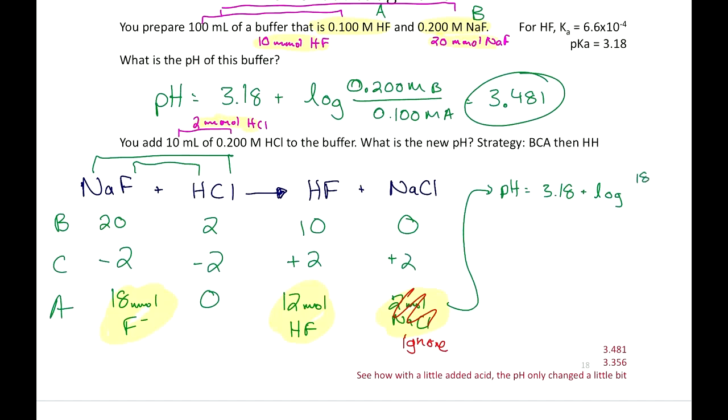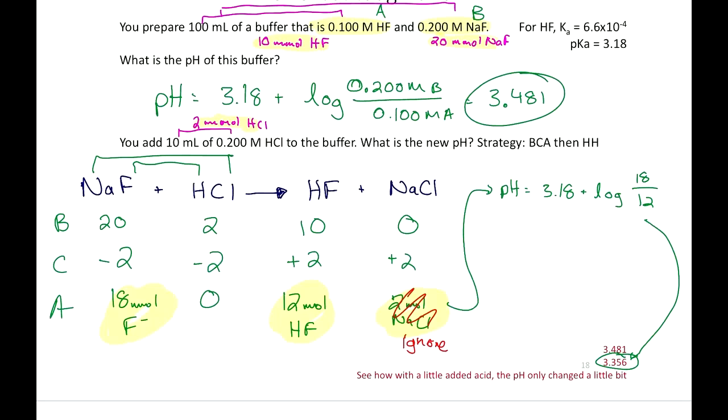So it's log 18 over 12. And when you do that, you get a pH of 3.356. So how did the pH change? It went down. It went down because we added acid. We took some of that base and converted it to acid. So this is definitely a harder question where, okay, we're starting with a buffer.